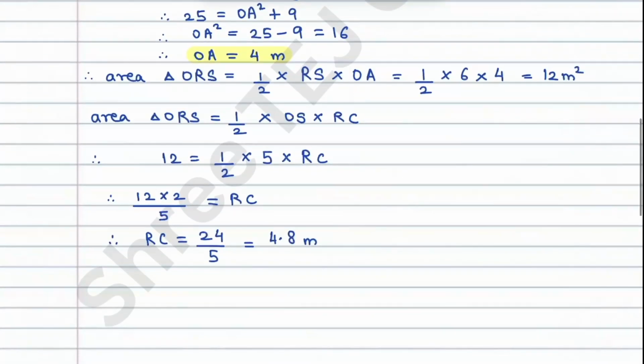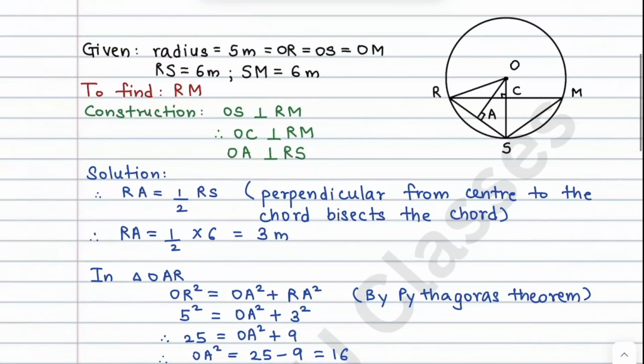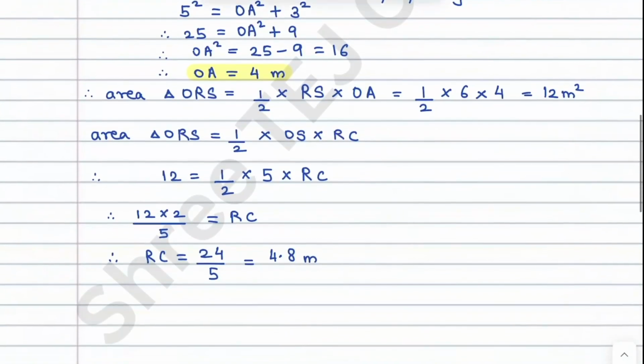Now we need to find RM. We have found out RC. Which property we can use? We will use the property which we have utilized at the beginning of this solution. We know that OC is a perpendicular on the chord RM. Now, perpendicular to the chord from the center bisects the chord. So, let us use that property.